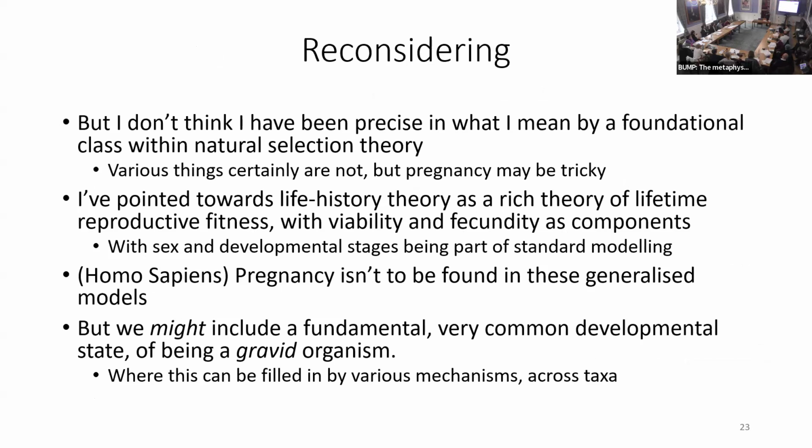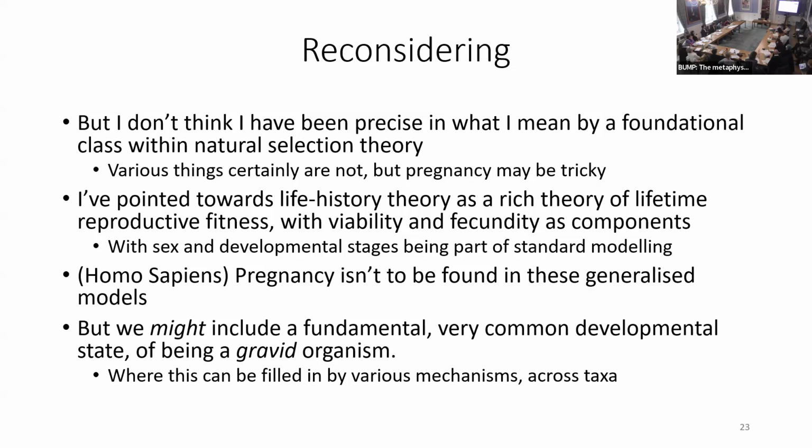I don't think I've been precise in what I mean by a class which is at the foundations of natural selection theory. I pointed towards life history theory as the rich theory of lifetime reproductive fitness, where there are viability and fecundity components, and where sex and developmental stages are a standard part of the modelling.